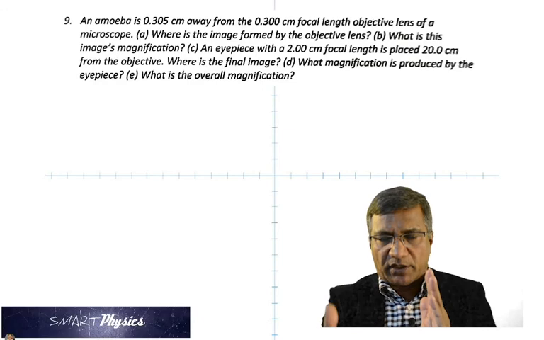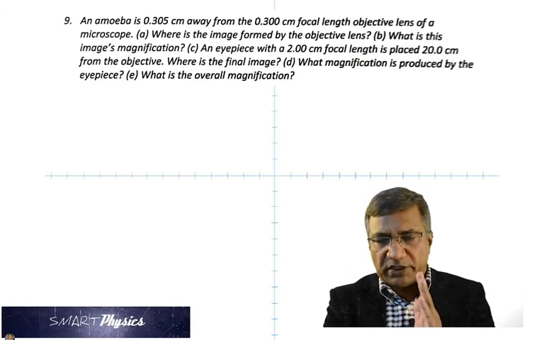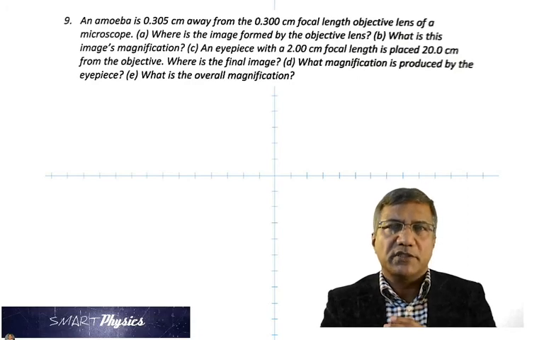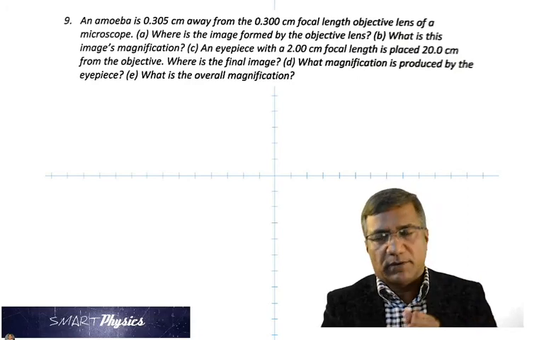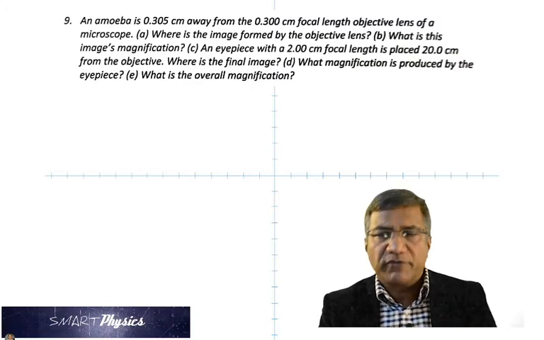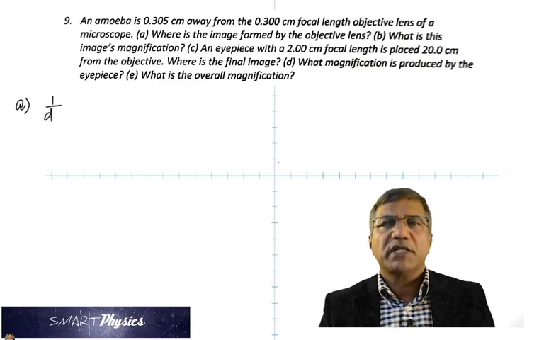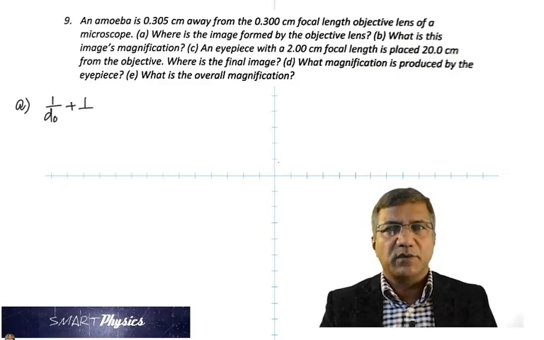So now we're talking about the objective. And the amoeba, which is the object, is 0.305 centimeter away. So that's DO. And the focal length of the objective is given. You have to find DI. So use 1 by DO plus 1 by DI is equal to 1 by F.